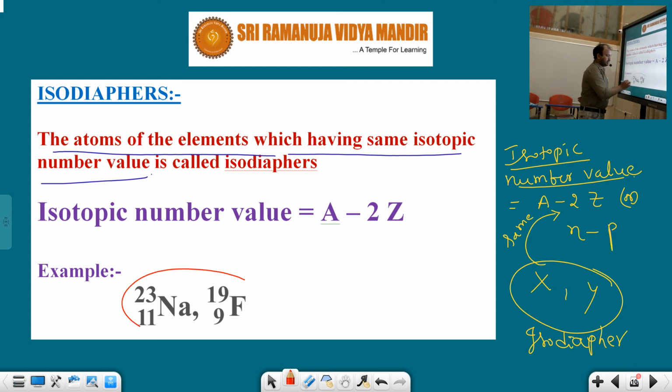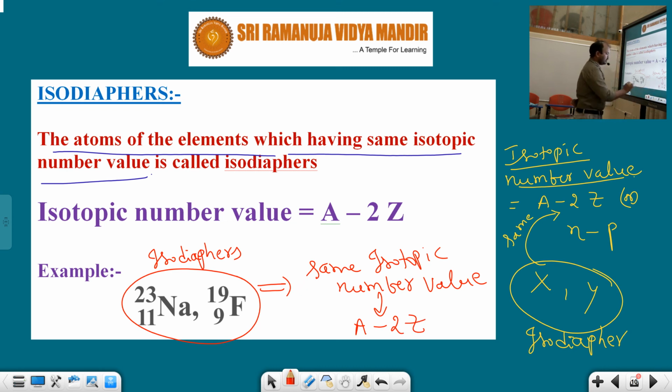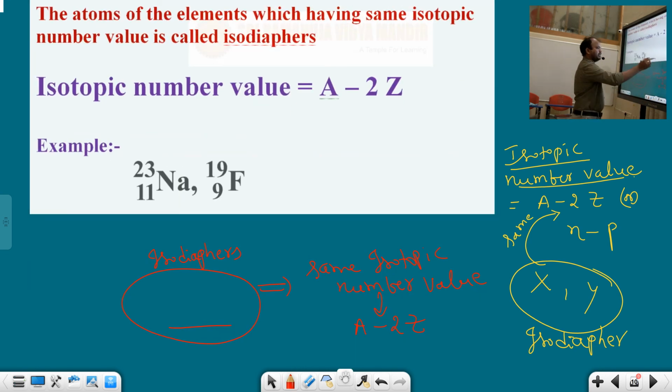Here these two elements are isodiaphers, because both have the same isotopic number value. What is the isotopic number? Mass number minus double the atomic number. Which elements are isodiaphers? Sodium and fluorine. We will take an example and I will explain it.